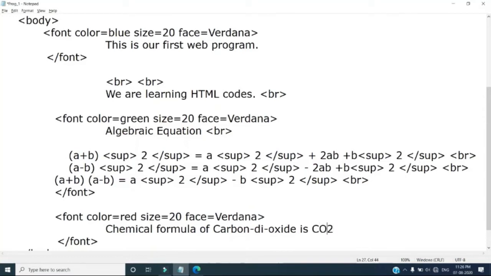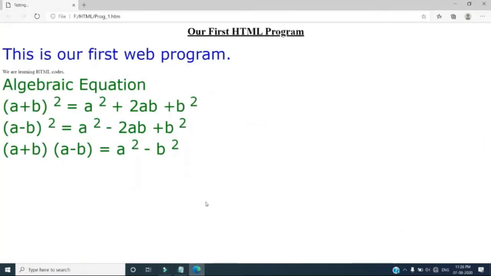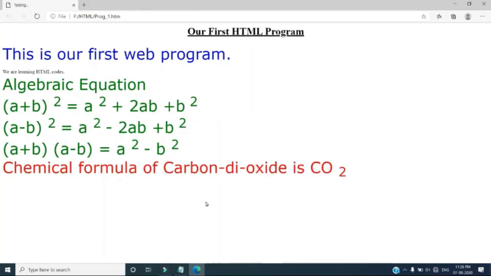Now 2 must be in the SUB tag, so 2 will be displayed as a subscript. Now let's check the output. So the chemical formula of carbon dioxide is CO2.